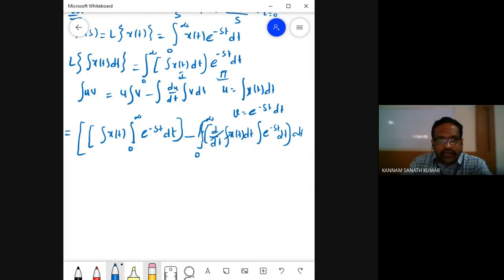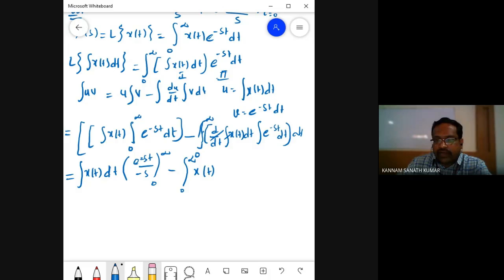So what you are getting: this is equal to integration of x of t dt, into e power minus st by minus s from 0 to infinity, minus integration 0 to infinity x of t.